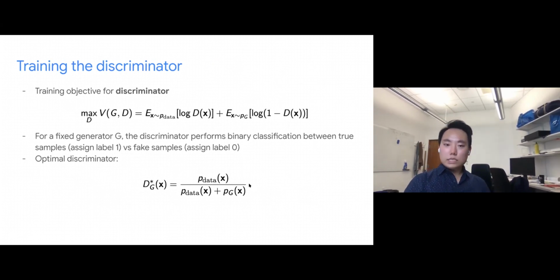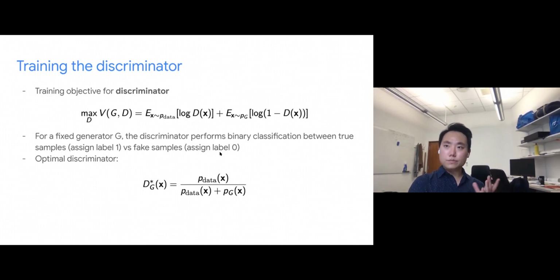So you can train these jointly. You can define this joint objective: for X from your real data, I want to maximize log D of X, and for X being from your fake data, I want to maximize log of 1 minus D of X. That's basically this binary classification loss. I want to take true samples and predict them with label 1, and take fake samples and predict them with label 0.